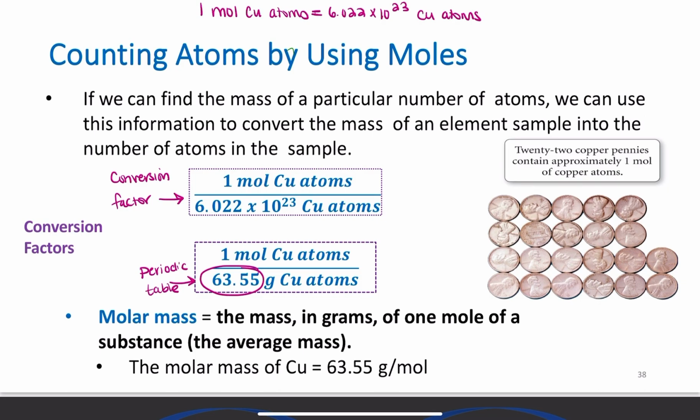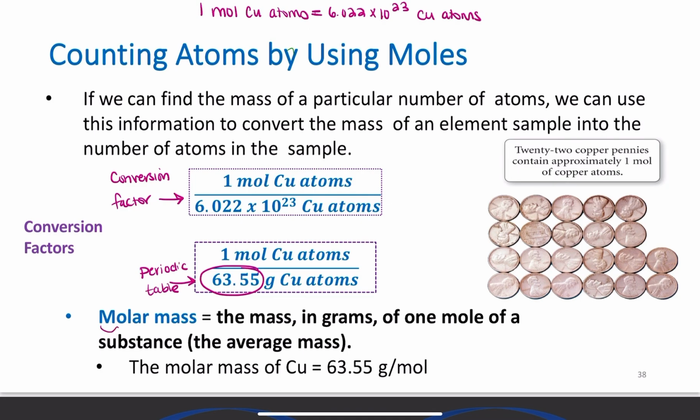So 1 mole of copper atoms contains 6.022 times 10 to the 23rd copper atoms, and it weighs 63.55 grams of copper. Just for visual on your side, 22 copper pennies contains approximately 1 mole of copper atoms. So if you have 22 copper pennies, you've got approximately 6.022 times 10 to the 23rd copper atoms.